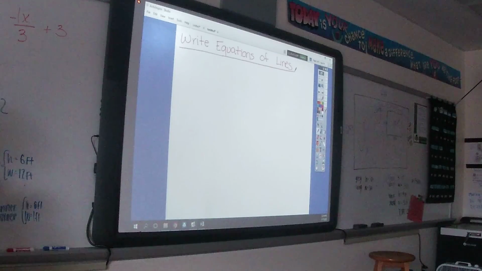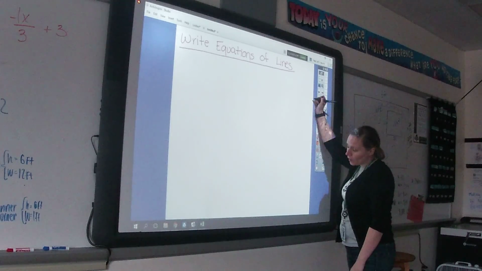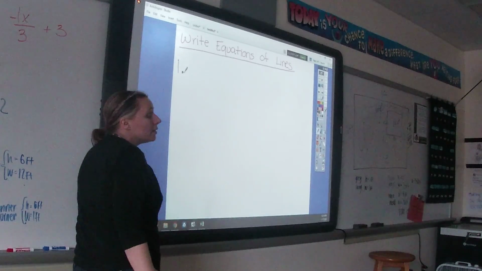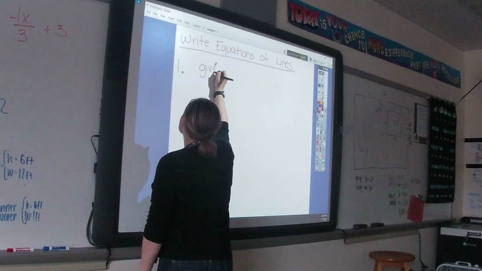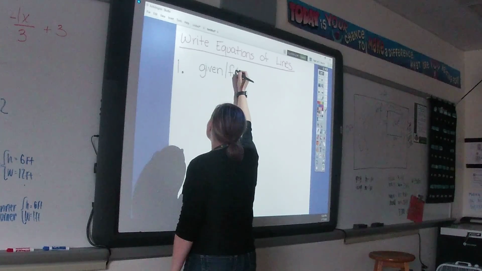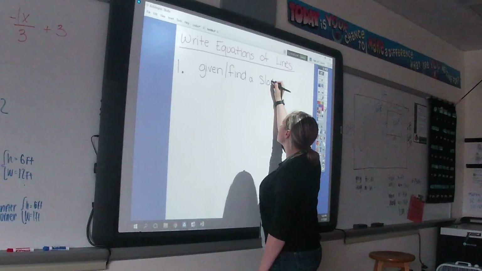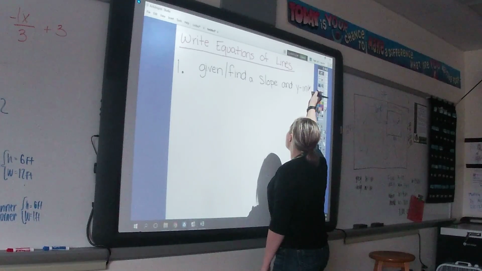So there are three ways, sort of based on what we have, that we can write equations of lines. Option number one is that we can write the equation of a line if we are given, or we can find, a slope and y-intercept.